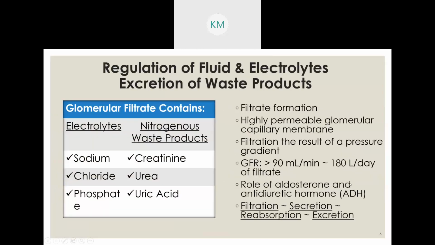As blood flows through each glomerulus, water, electrolytes, and waste products are filtered out of the blood across the glomerular membrane and into Bowman's capsule, forming filtrate. Because the glomerular capillary membrane has a much greater permeability than other capillaries in the body, it can function at a highly efficient rate.